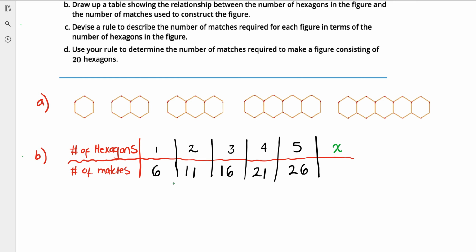As we have seen before, we're taking the previous one and adding 5 each time. Agree? You have done this in year 7. So when we're adding by 5, how do we do it faster? I'm going to say that the number of matches is going to be y.